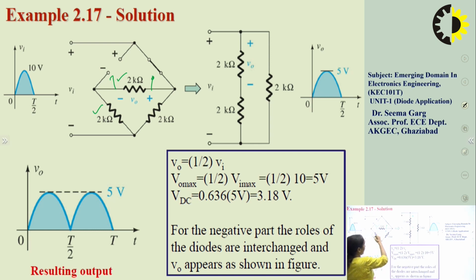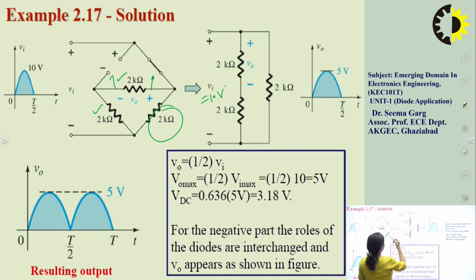These two are in series, and this series combination of the two resistances is in parallel with this 2 kilo ohm resistance. The voltage appearing across this is the maximum value of 10 volts. If I want to calculate the voltage across this load resistance RL, we can apply the voltage divider theorem.